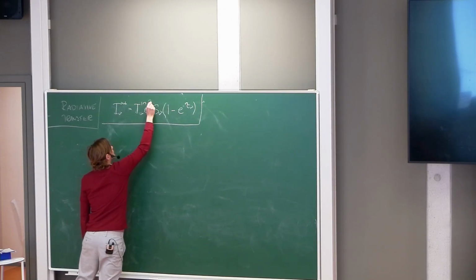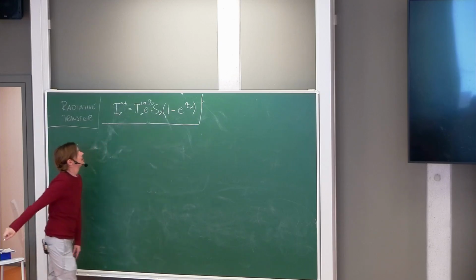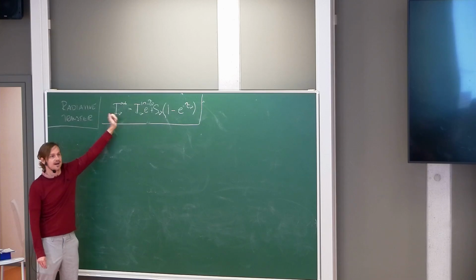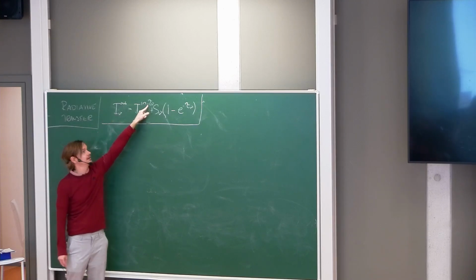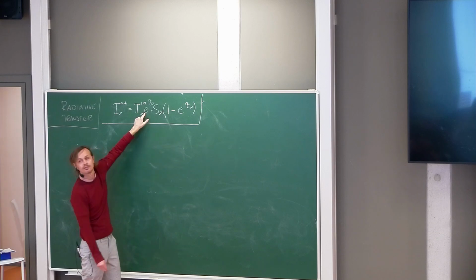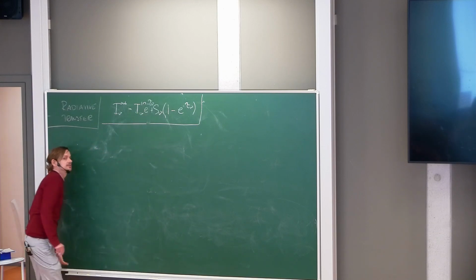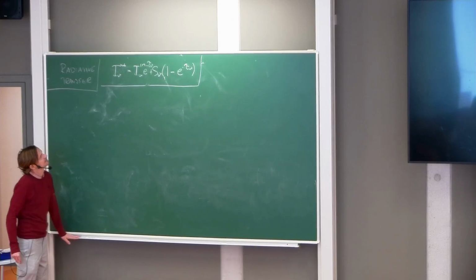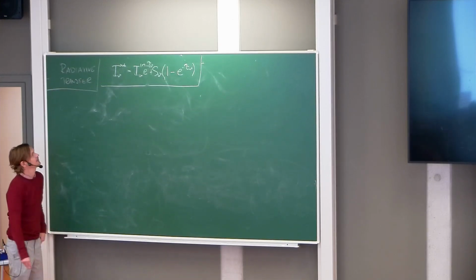E to the minus tau nu. Remember, I had an e to the tau nu on this side, which was multiplied. So when I divide through that, it becomes minus there. That's why this had to turn. But I forgot it there. Oops. It's there now. So now we're fine.